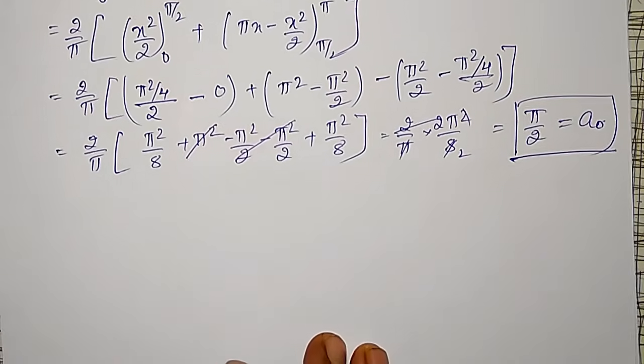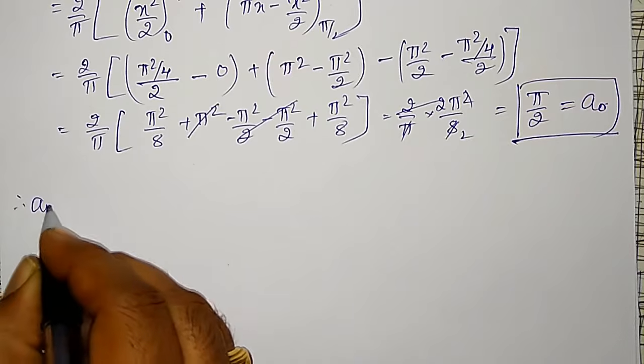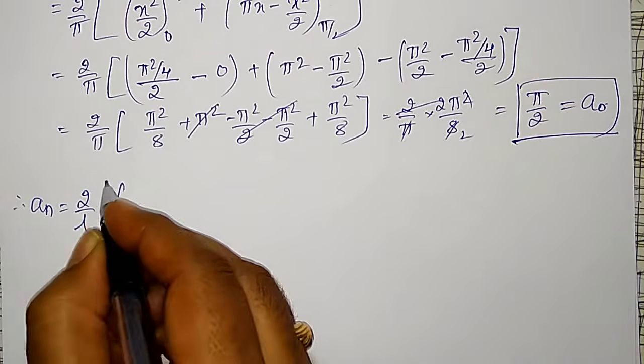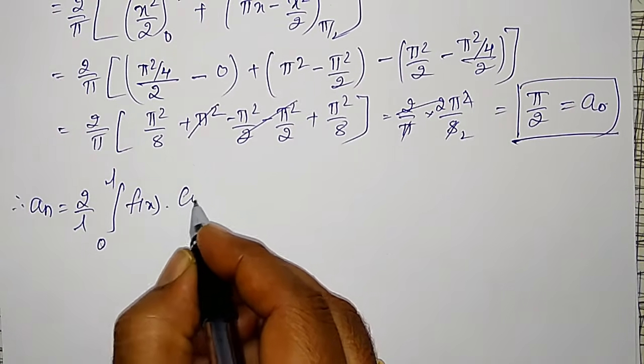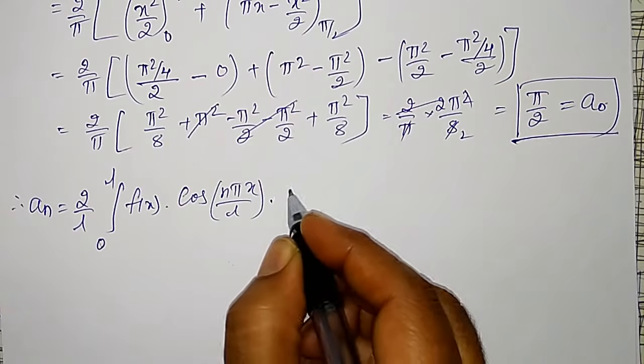Now the Fourier coefficient an I have to evaluate. Therefore, an is defined as 2 by L integration from 0 to L f of x into cos n pi x by L into dx.